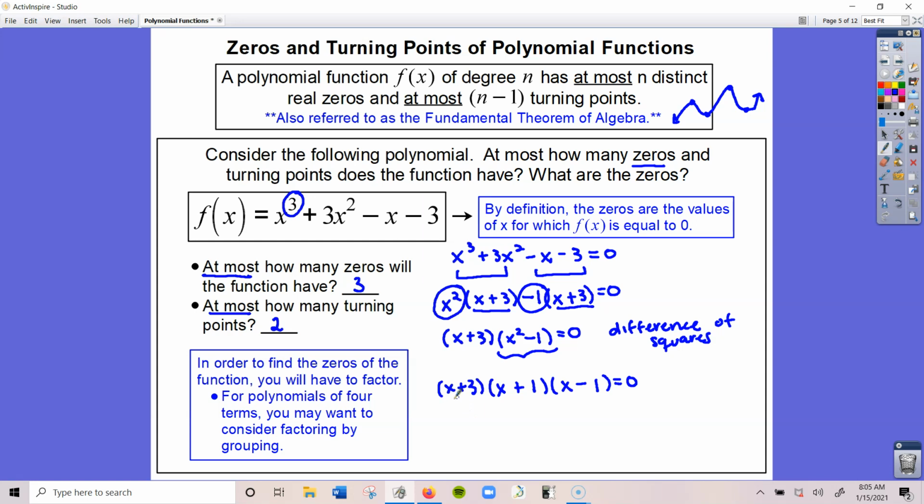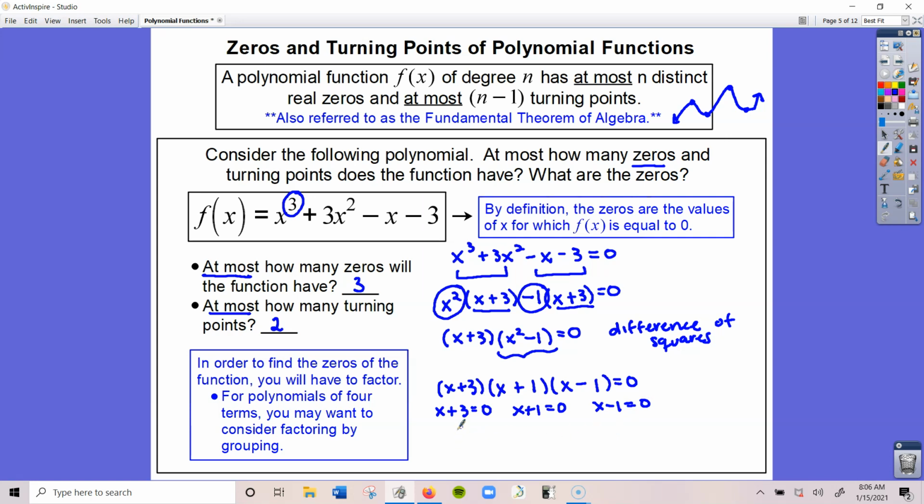And now we're going to set each individual factor equal to 0. Because remember, if one factor is equal to 0, 0 times anything would equal 0. If this factor is equal to 0, it doesn't matter what the other two factors are, the whole thing would equal 0. So that's the principle that we're applying here. So x plus 3 is equal to 0, x plus 1 is equal to 0, and x minus 1 is equal to 0.